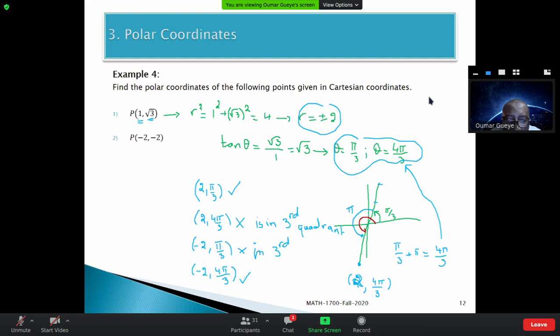It means we cannot stay in the third quadrant. We have to take the opposite quadrant with respect to O, which is going to be this first one. And that's exactly what we have for P. So anytime you have this kind of problem, you will get 4 possibilities and you check which one is going to work with your point.